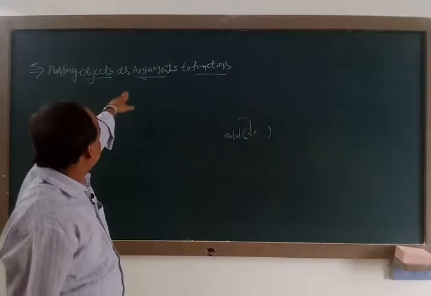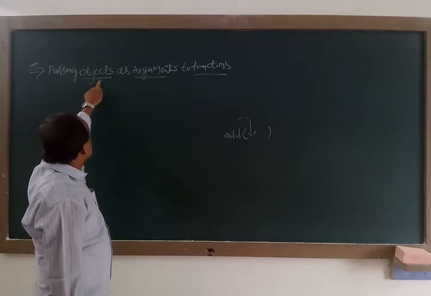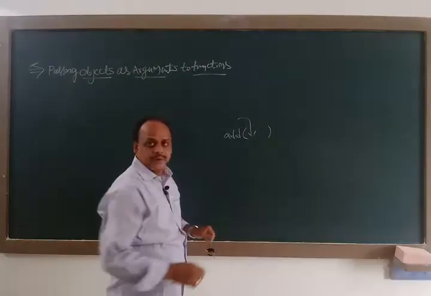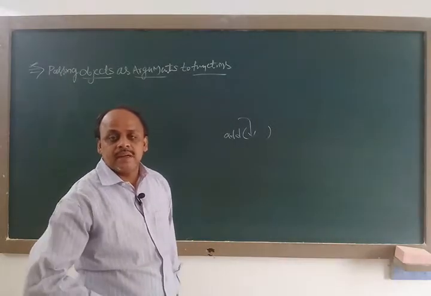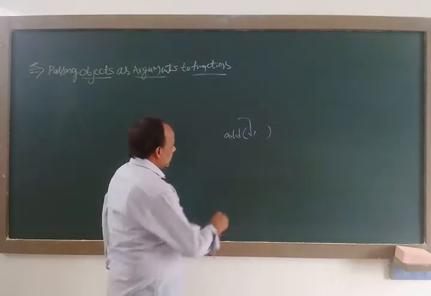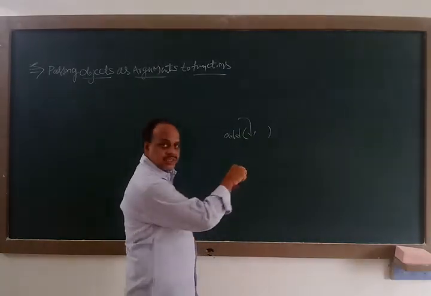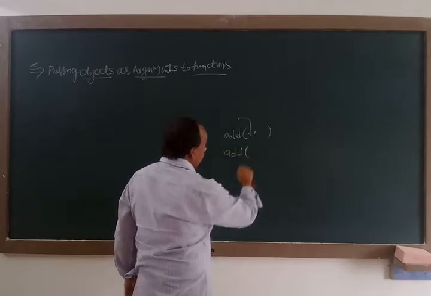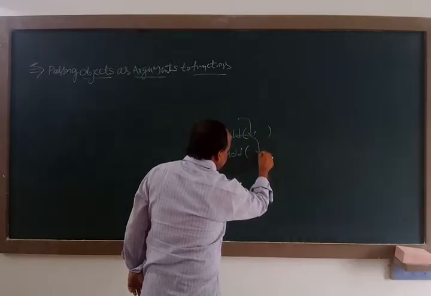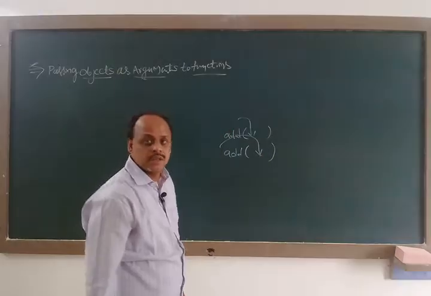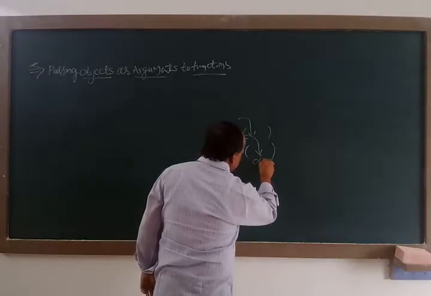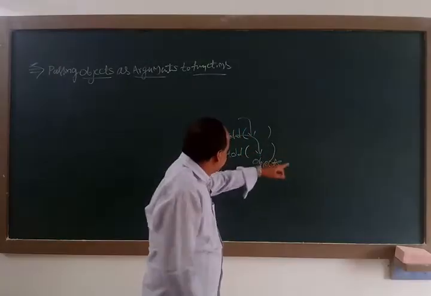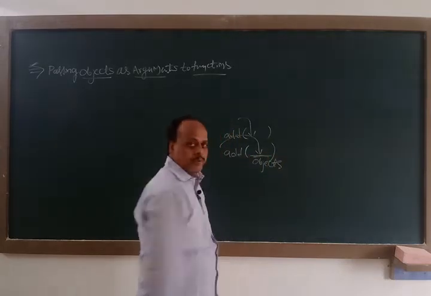Now think about this heading. Passing objects as arguments to function means we have to write a C++ program that must include a function, for example, add, and that function must contain objects in the place of arguments.